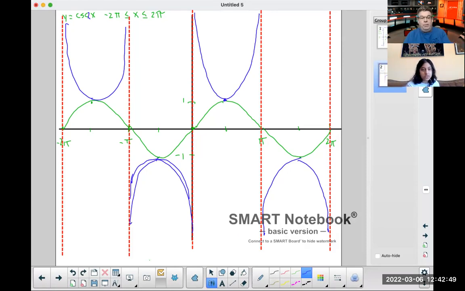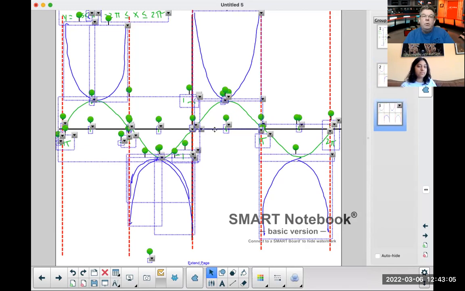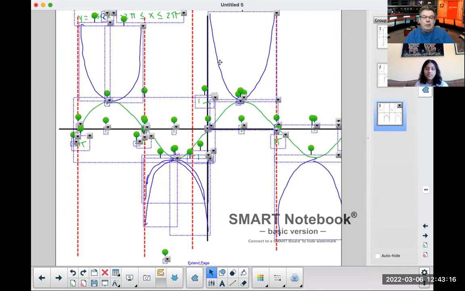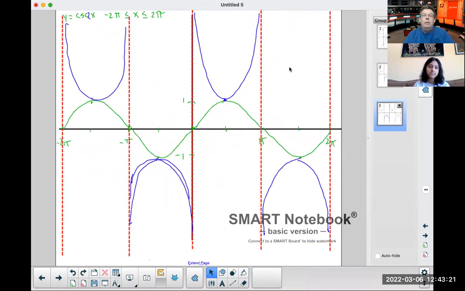So if I duplicated this guy, and oh, this is going to be so much fun. Let me get rid of this.